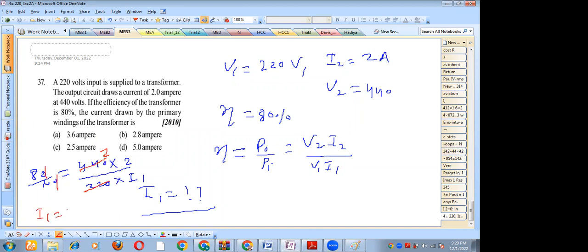So I1 we will get as 8 by 10. Sorry. I1 will be equal to 2 into 10 into 2 divided by 8. That will be 5 ampere. Got it?